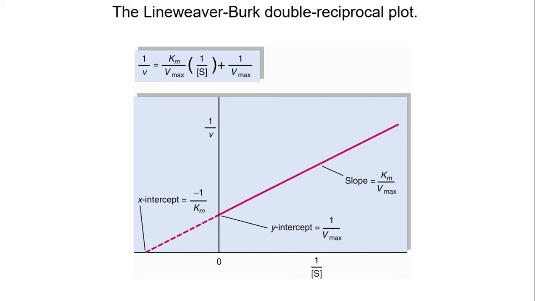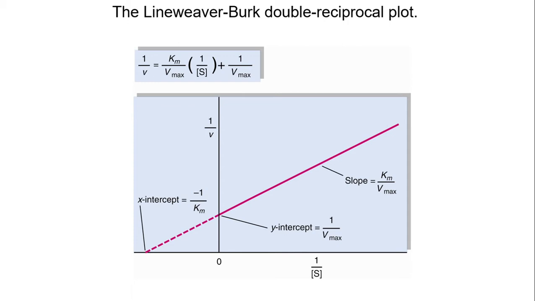So this is what's called the Lineweaver-Burk double reciprocal plot. In practice, it's difficult to accurately assign Vmax from the Michaelis-Menten graph. A better method for determining Vmax and Km uses this equation derived by Lineweaver and Burk. It's the double reciprocal plot, and what it gives us is a y equals mx plus b equation.